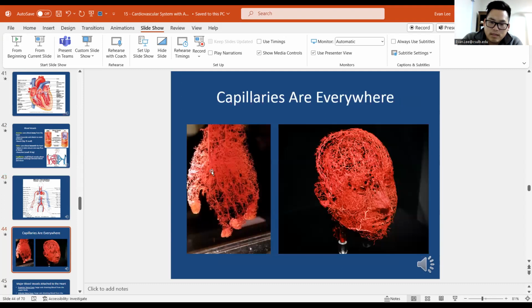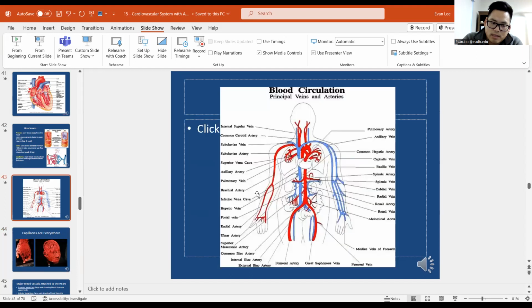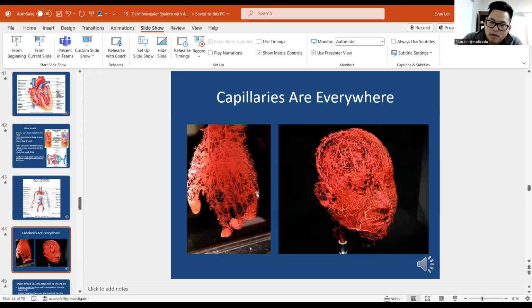You see all of these little blood vessels all throughout the hand and the face. All of your living tissues have tiny, tiny little blood vessels called capillaries. So although we'll talk about a lot of these big blood vessels, you always have tiny blood vessels coming off of them to allow for any type of exchange.